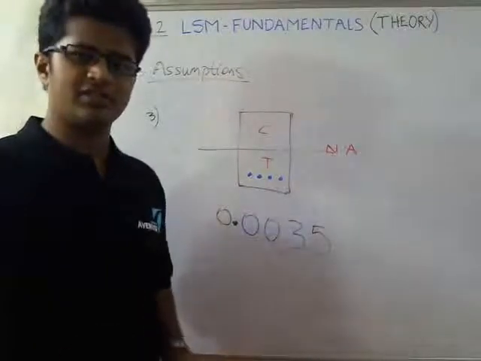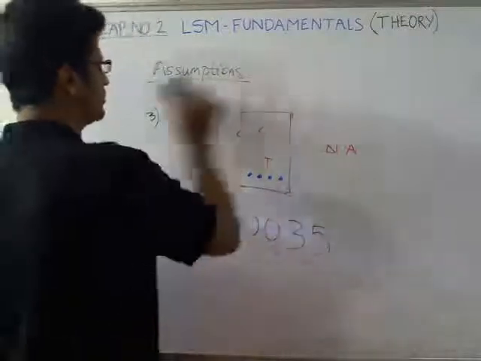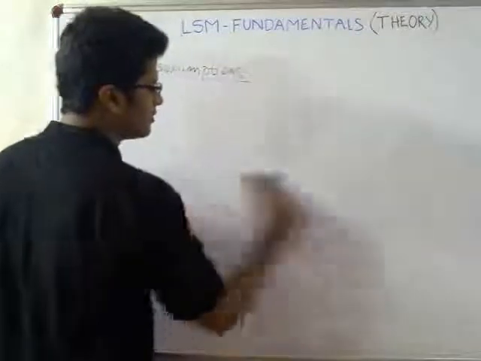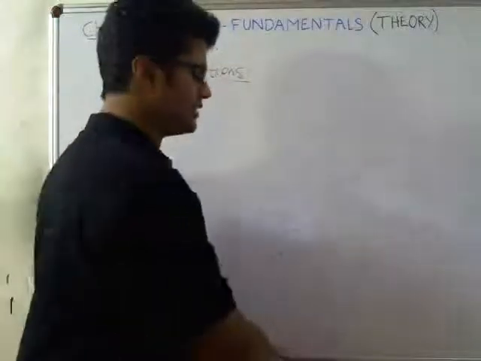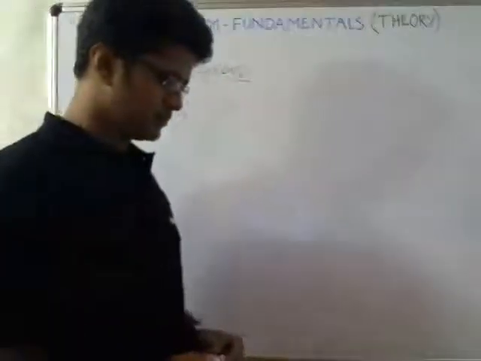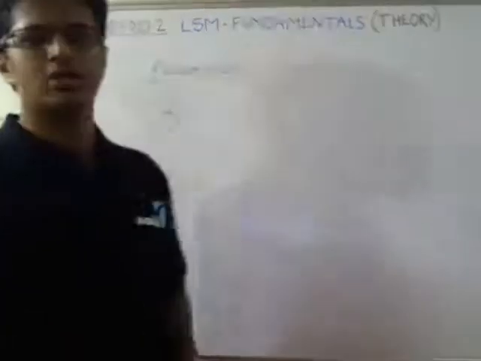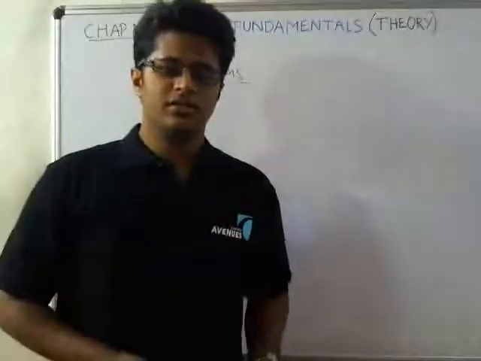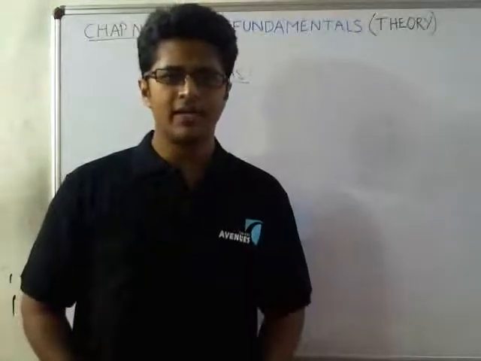We have to assume this, otherwise there will be numerous doubts in the minds of many people. More than the students, the confusion will be amongst the scientists. Okay. The third point was all about the maximum strain which the concrete can take.